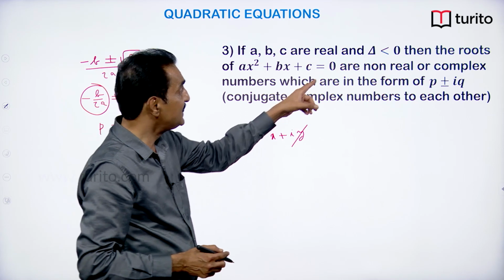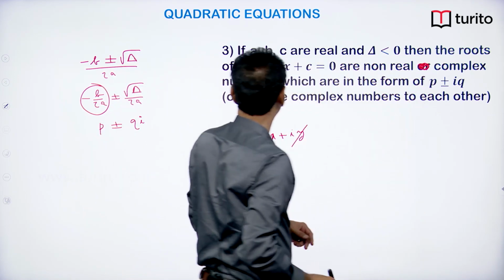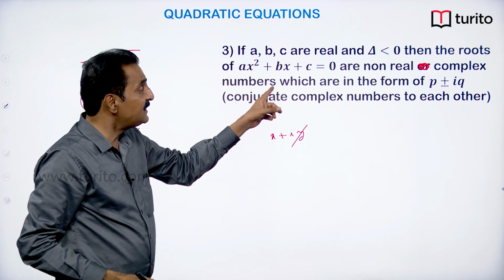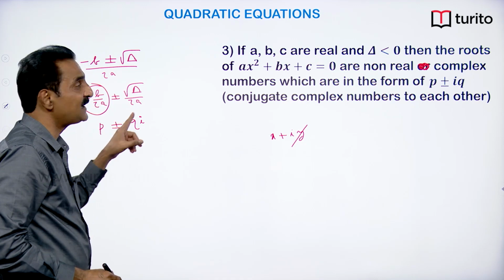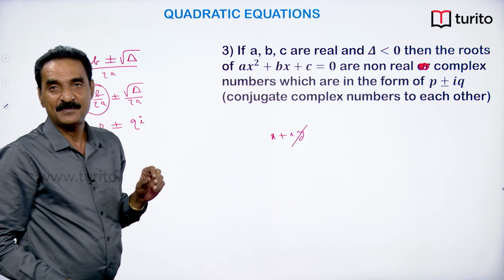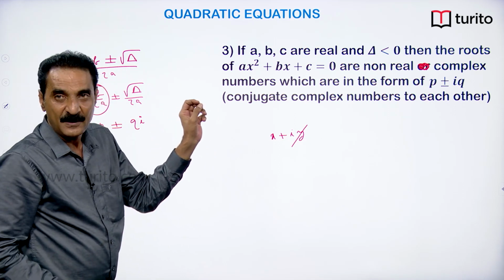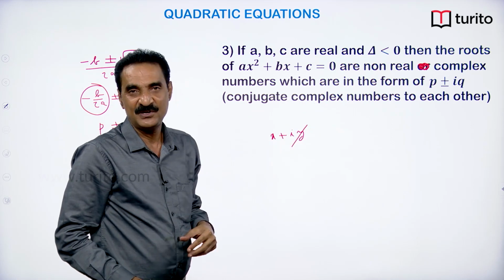That is why I said non-real complex numbers. And those two non-real complex numbers will be in the form of p plus or minus iq or qi. And these complex numbers which are in the form of p plus iq and p minus iq are called conjugate complex numbers to each other.